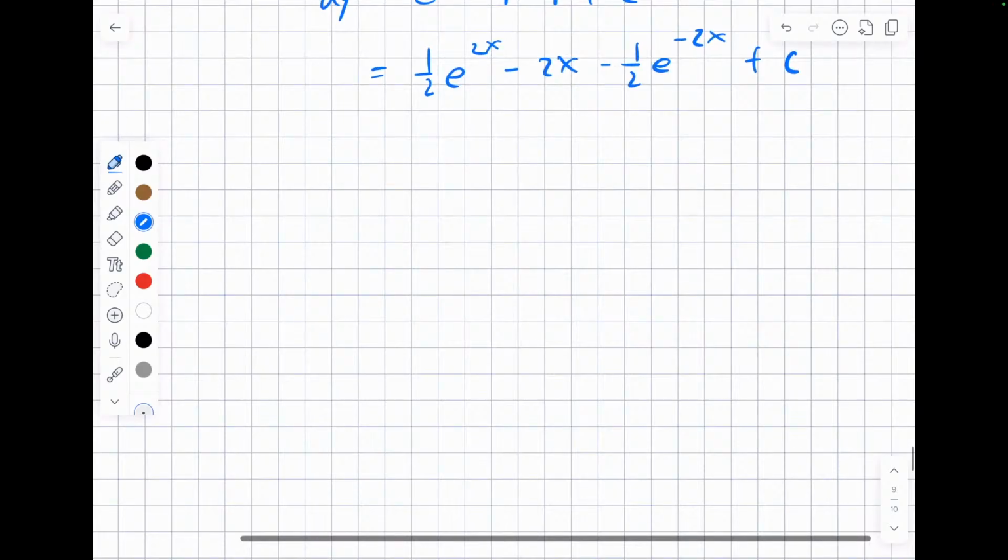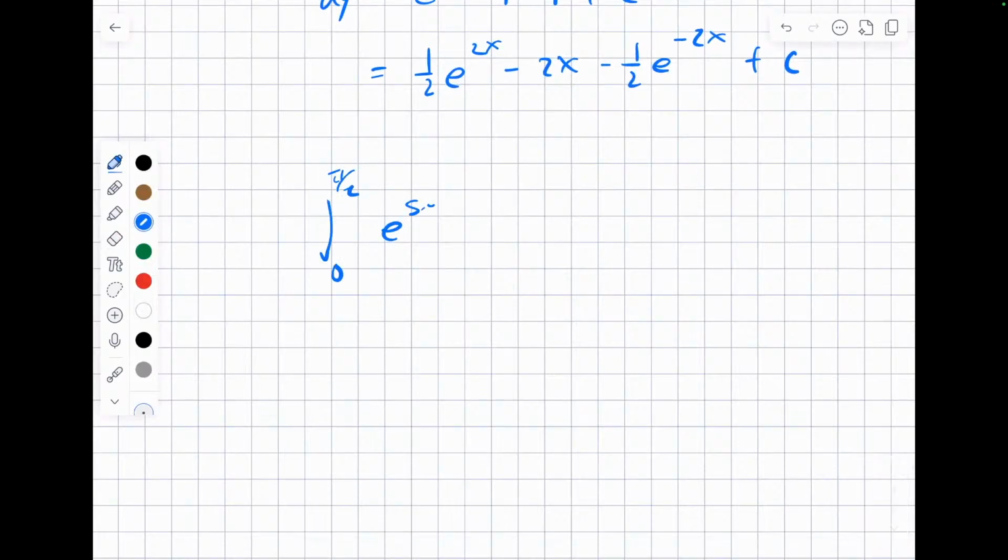117 is the integration from 0 to pi over 2 of e to the sine of pi x times cosine of pi x dx. Now, what I want to think about is u equal to something, where du is within the question. What do u need to be? Sine of pi x, good. du is equal to cosine of pi x times pi. Don't forget the chain rule.